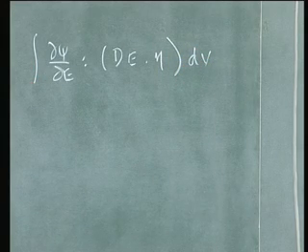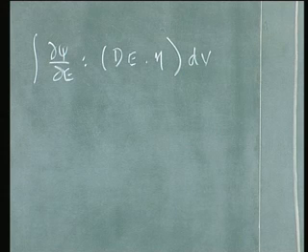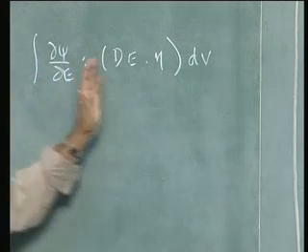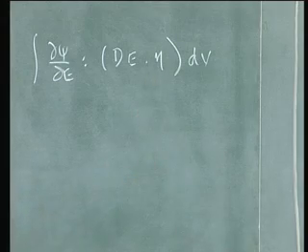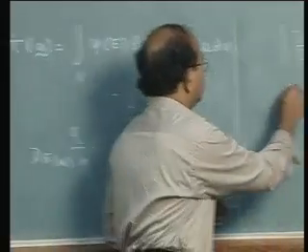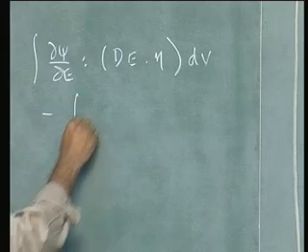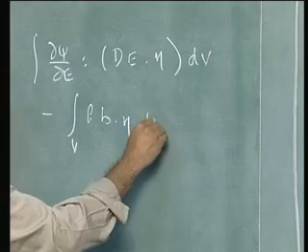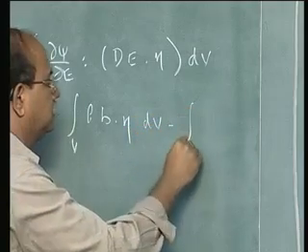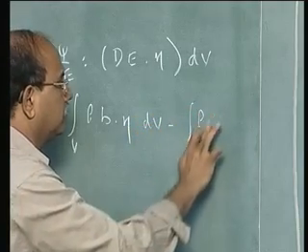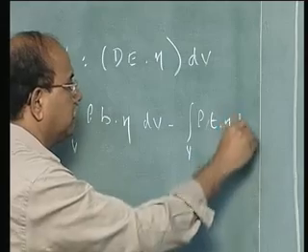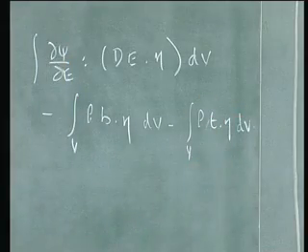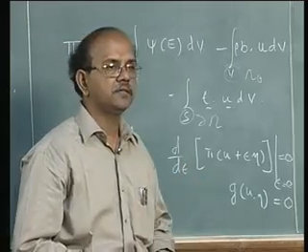Just chain rule applied, you will see that that is ∂ψ/∂E and the directional derivative along η. So the second term obviously becomes minus integral ρb·η dV minus ρt·η dV. You can verify that by the simple Gateaux derivative.